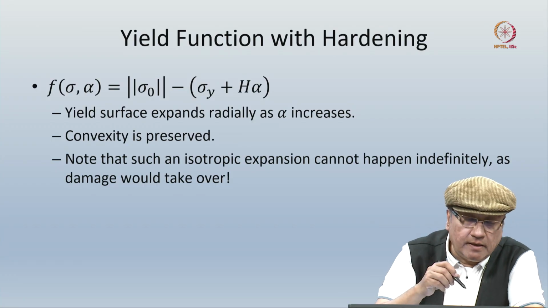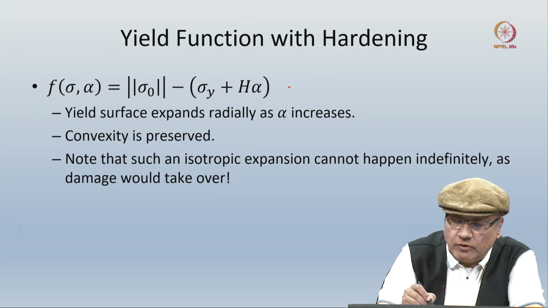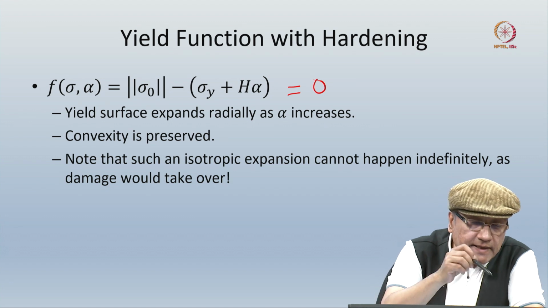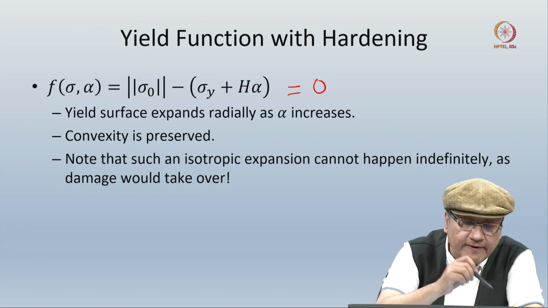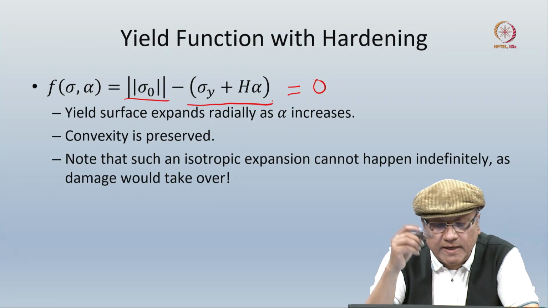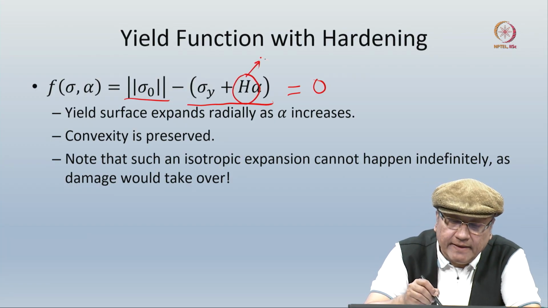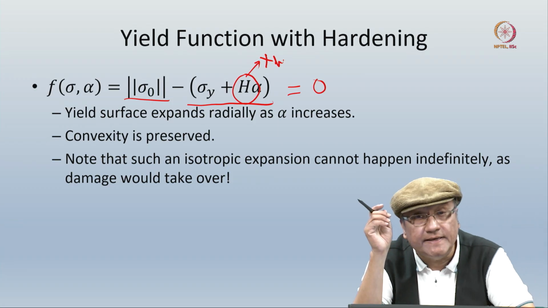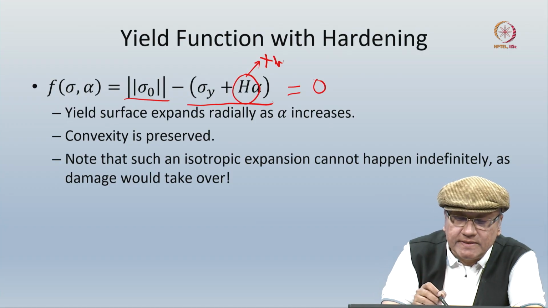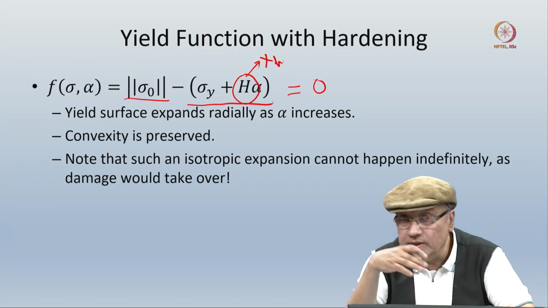The yield surface will be defined by f equal to 0. What is the function f? It is the norm of the deviatoric stress minus now sigma y plus h alpha, that is xh. So, sigma y is added to by xh, the hardening force. Now we will have to evolve alpha.